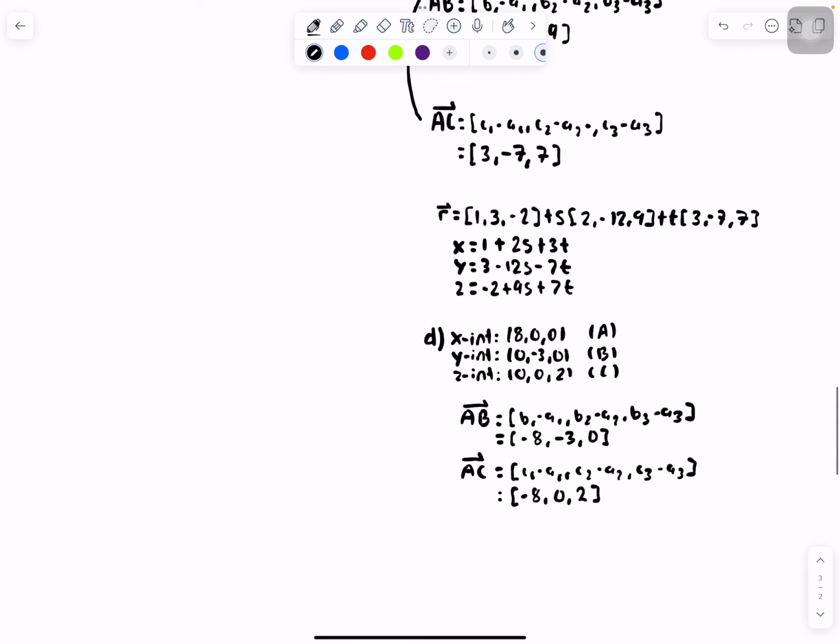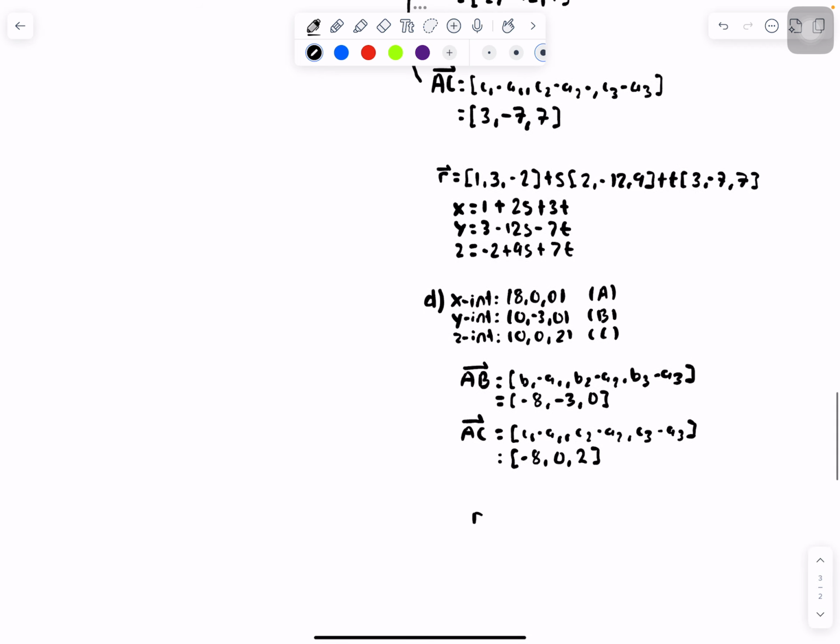And then we'll form the vector equation. Let's choose the x-intercept as our known point 8, 0, 0, plus s, -8, -3, 0. AB and AC are not scalar multiples of each other. I don't have to be afraid of that.